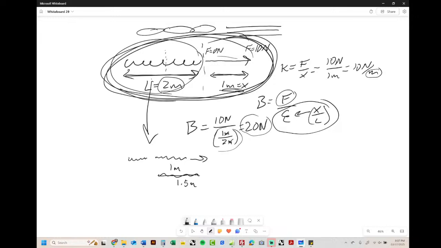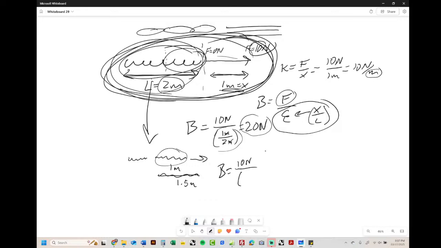So in this case, buoying is 10 newtons, so I'm applying 10 newtons to the whole spring, and to this little half that I'm focusing on here, it's got 10 newtons of tension in it, because every part of a string or a spring or a chain or whatever has the same tension when you stretch it.